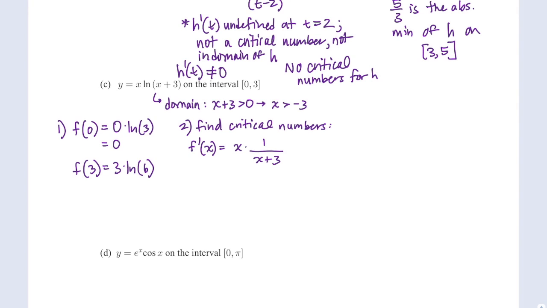And so that's first times the derivative of the second plus second factor times the derivative of the first factor, which would be just 1. So I have f prime of x equals x over x plus 3 plus natural log of x plus 3.